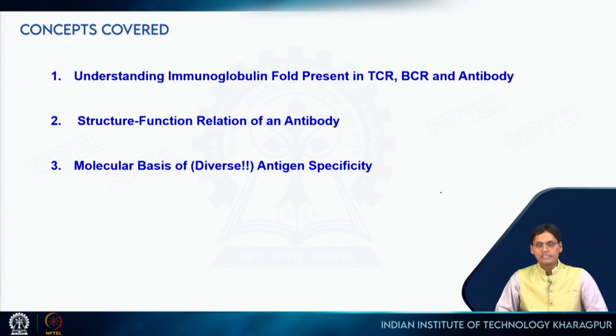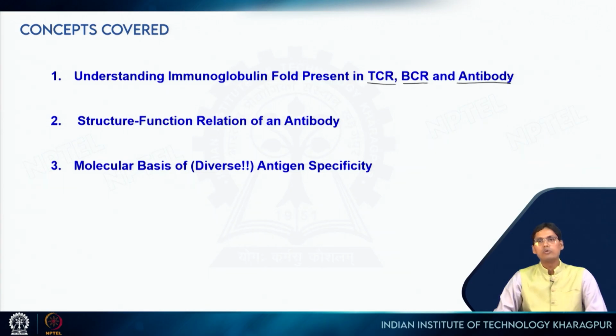Today, in this lecture, I will be discussing a little bit about the mechanistic understanding of how some of those things are happening. Particularly, I will focus on understanding the immunoglobulin fold present in the T cell receptor, B cell receptor and antibody. And I will also discuss the structure-function relation of an antibody.